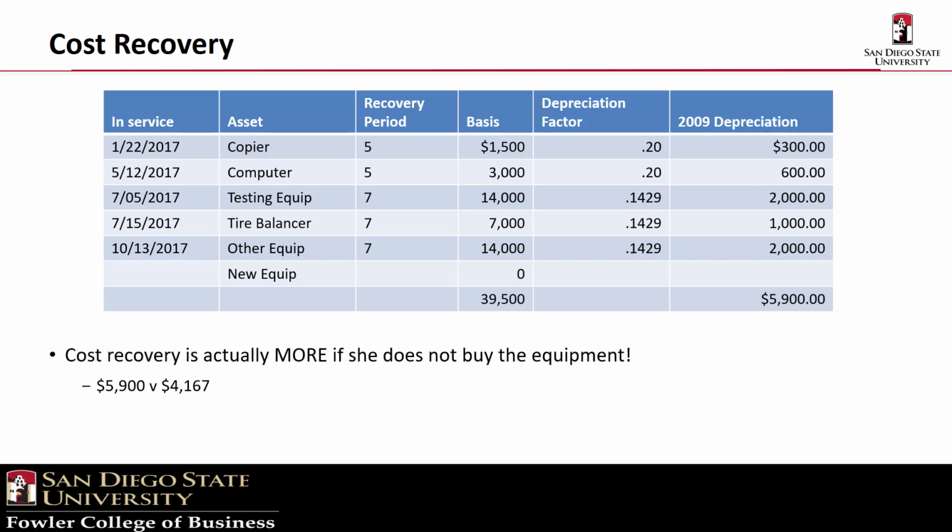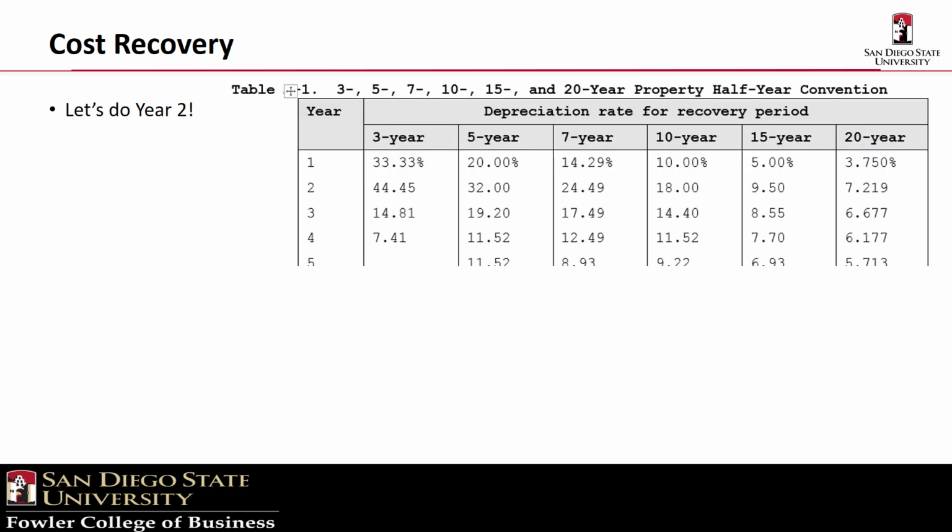Just so we understand what happens next, let's do depreciation for the copier in year 2. To make our lives easier, we'll assume that the new equipment is not placed in service in 2017, and thus the half-year convention is in use. We'll return to our table, find 5-year property for year 2, and the factor is 32%.